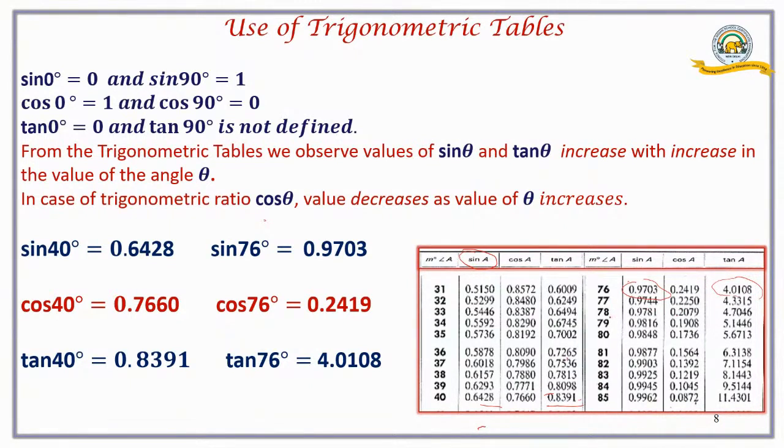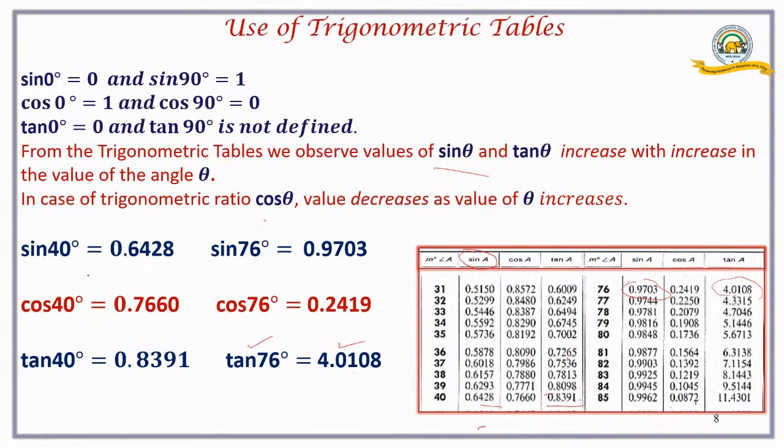So do you see the value, what we had concluded from the standard angles here? See, sine 40 is 0.6428, sine 76 is 0.9703. So this value is more than this value, and the angle 76 is greater than 40. Now let us look for tan. Tan 40 is 0.8391 and tan 76 is 4.0. Again, 76 angle is greater, value is greater.